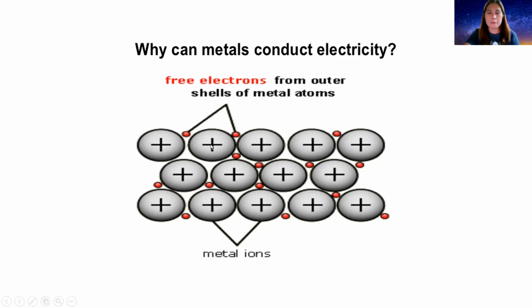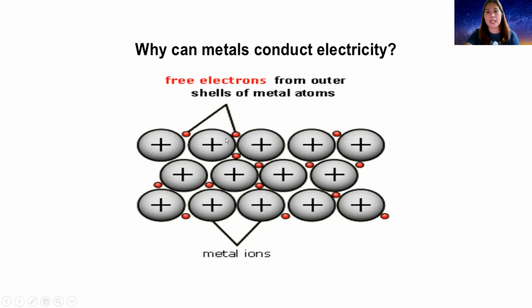Okay, so you have here a picture of, let's say, a metal crystal lattice, wherein the positive circles here are the ions, or the positive nucleus, and the small dots here are what we call free electrons. You've probably learned this in your chemistry.